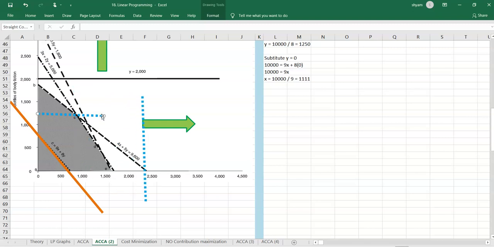See, draw a line from C point to the left side, you get this side. Draw a straight line, and draw a vertical line from the C point to the lower one.